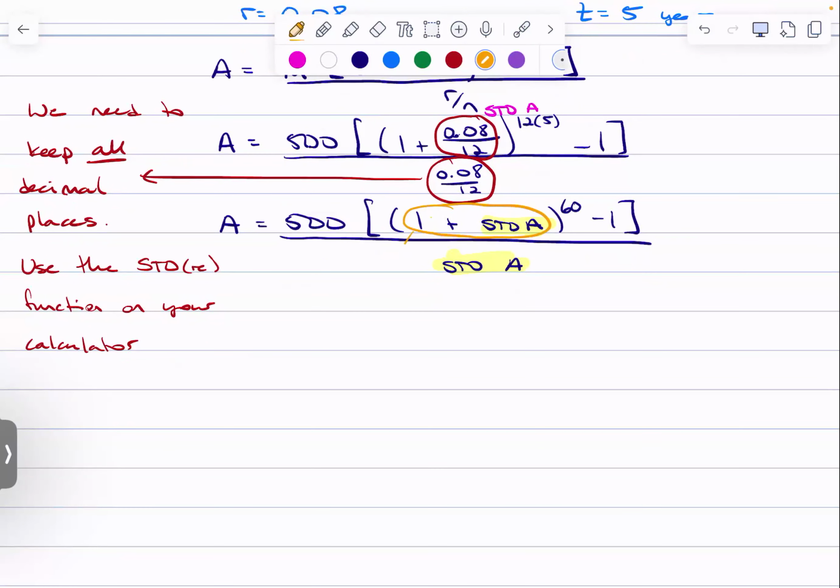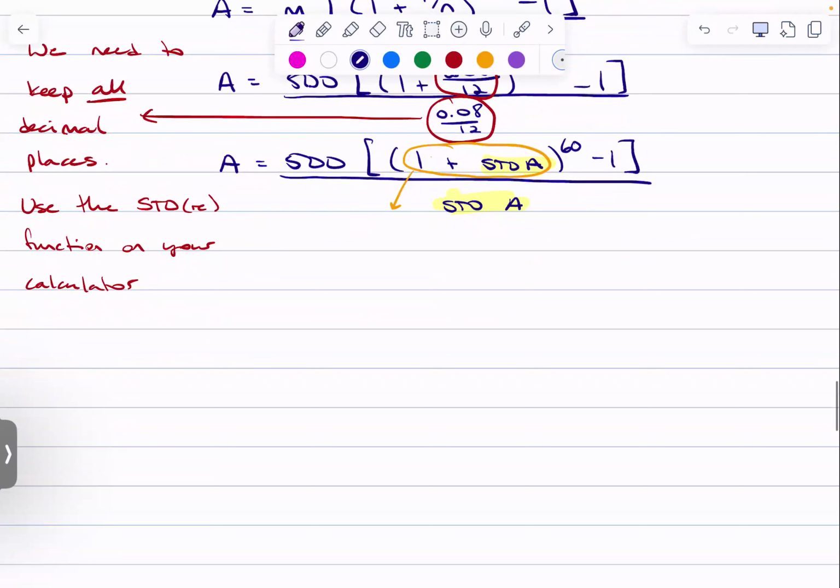I'm going to add this here, which says that A is 500 times 1.0066, repeating.